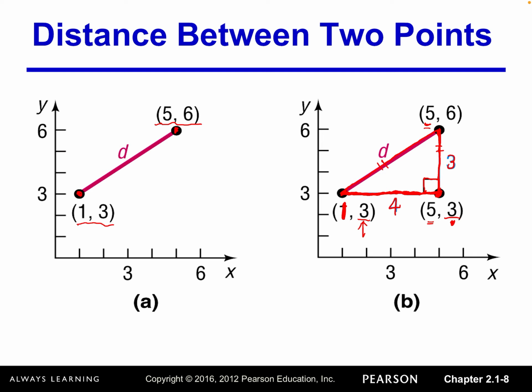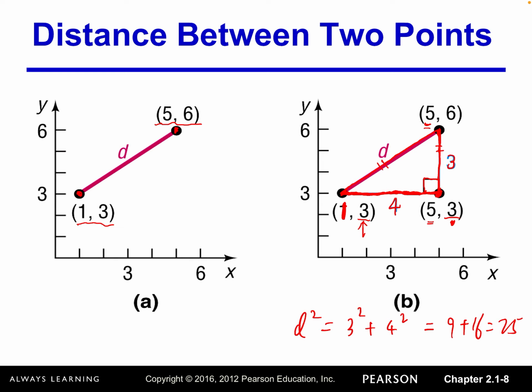In the right triangle, we know the length of the two legs. We try to find the length of the hypotenuse based on the Pythagorean theorem. We can do d squared equals 3 squared plus 4 squared, which equals 9 plus 16, that's 25.